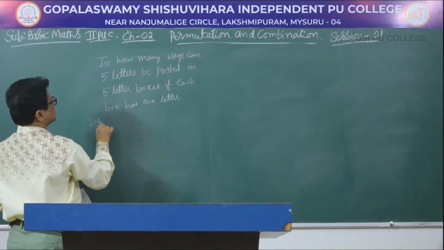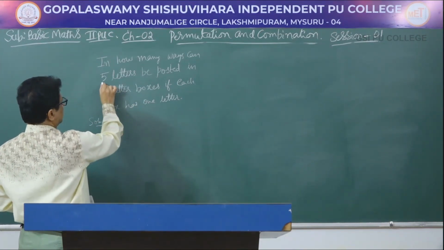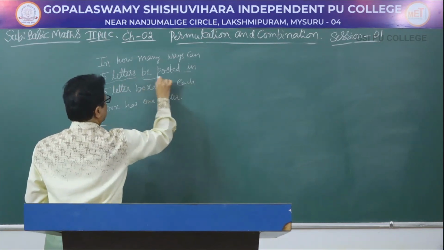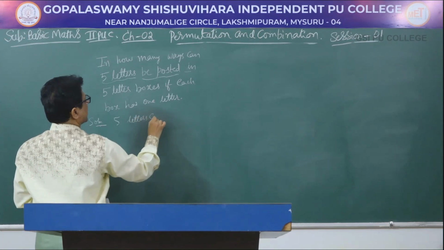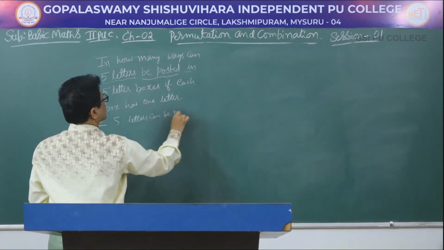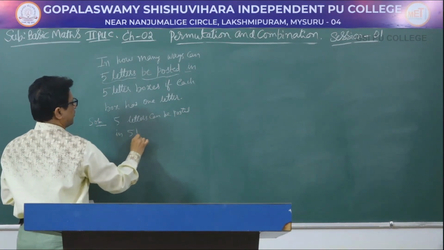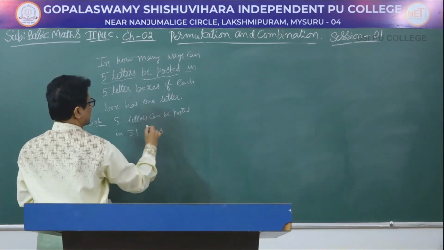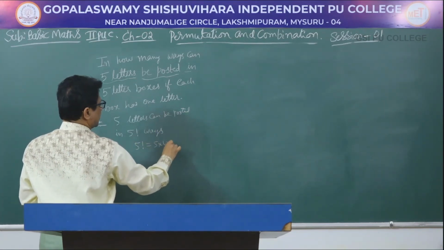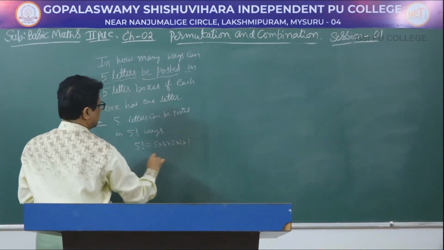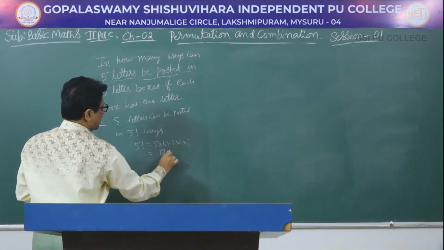Solution. 5 letters can be posted in 5 factorial ways. That is 5 factorial is equal to 5 into 4 into 3 into 2 into 1. 5 4s are 20, 20 3s are 60, 60 2s are 120.